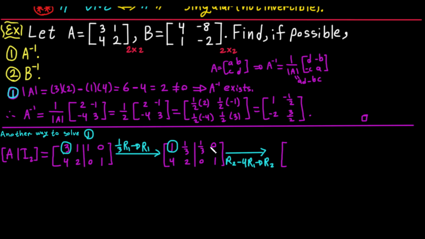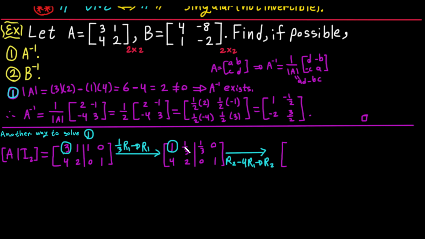This row remains the same, so we will write it in a very fast way. Now 4 minus 4 multiplied by 1 is 4, 4 minus 4 will be 0. 2 minus 4 multiplied by 1 over 3.